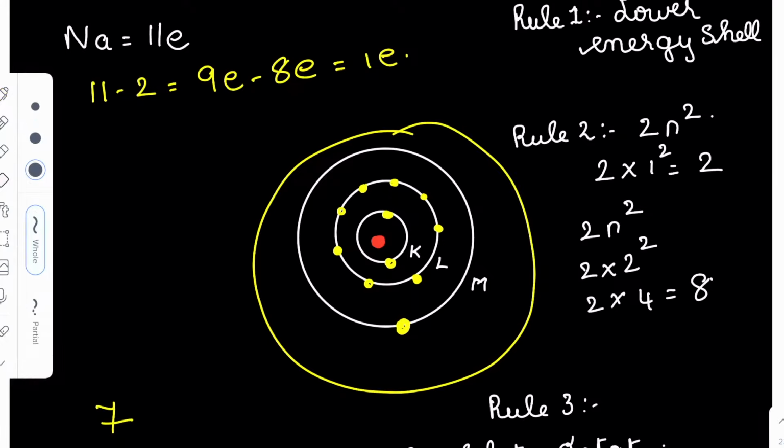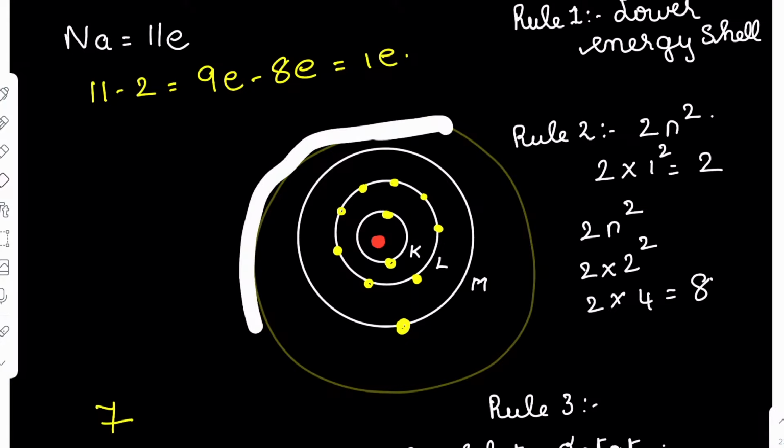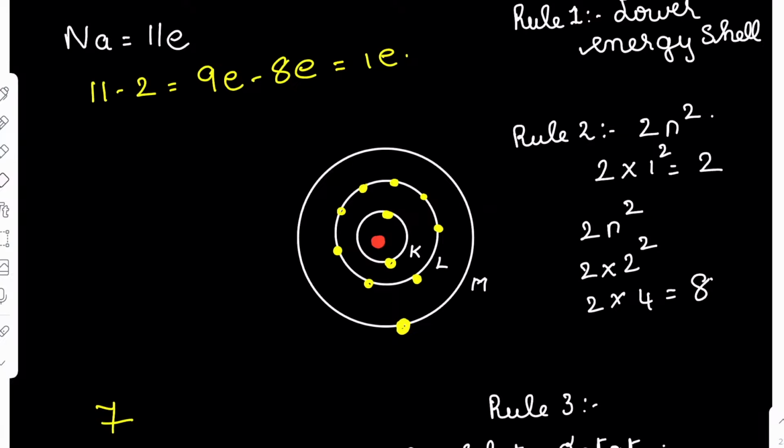In case of elements where the outermost shell has only 1, 2, 3 or 4 electrons, then the valency of such an element is either 1, 2, 3 or 4.